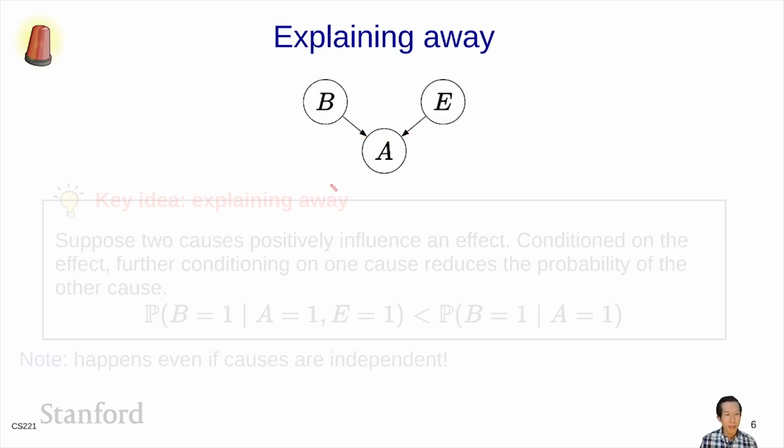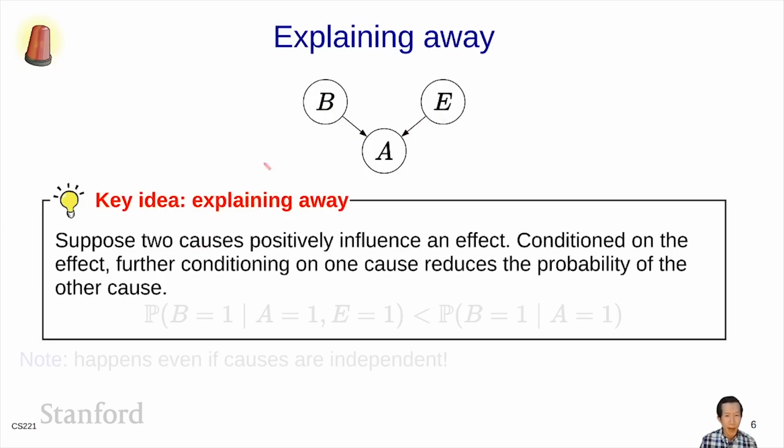In general, explaining away is when you have two or more causes that positively influence an effect. If you condition on the effect, further conditioning on one cause actually reduces the probability of the other cause.